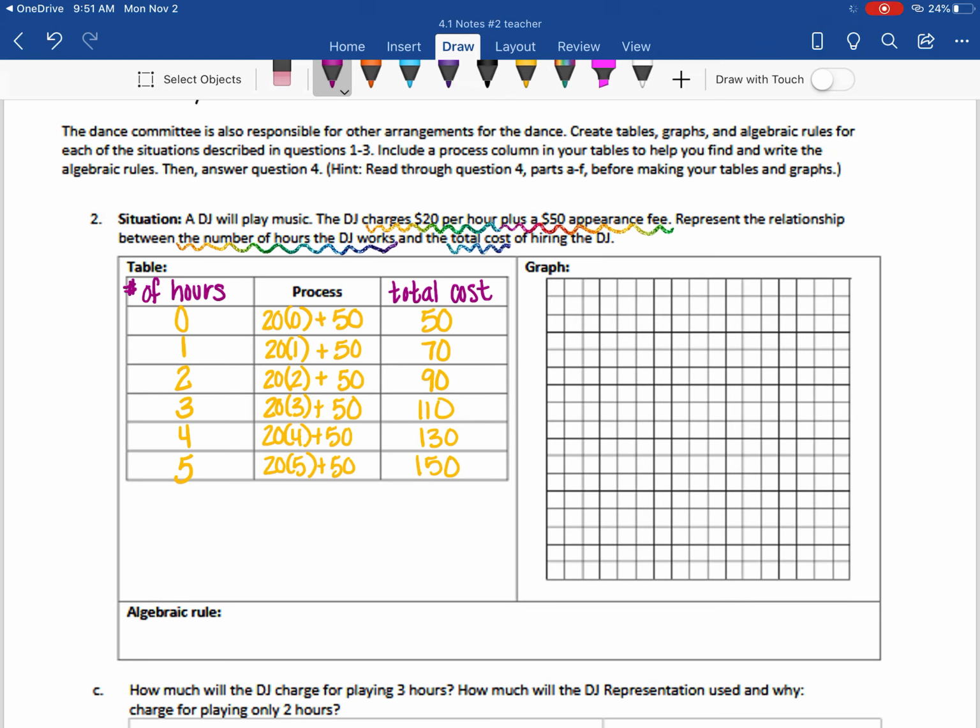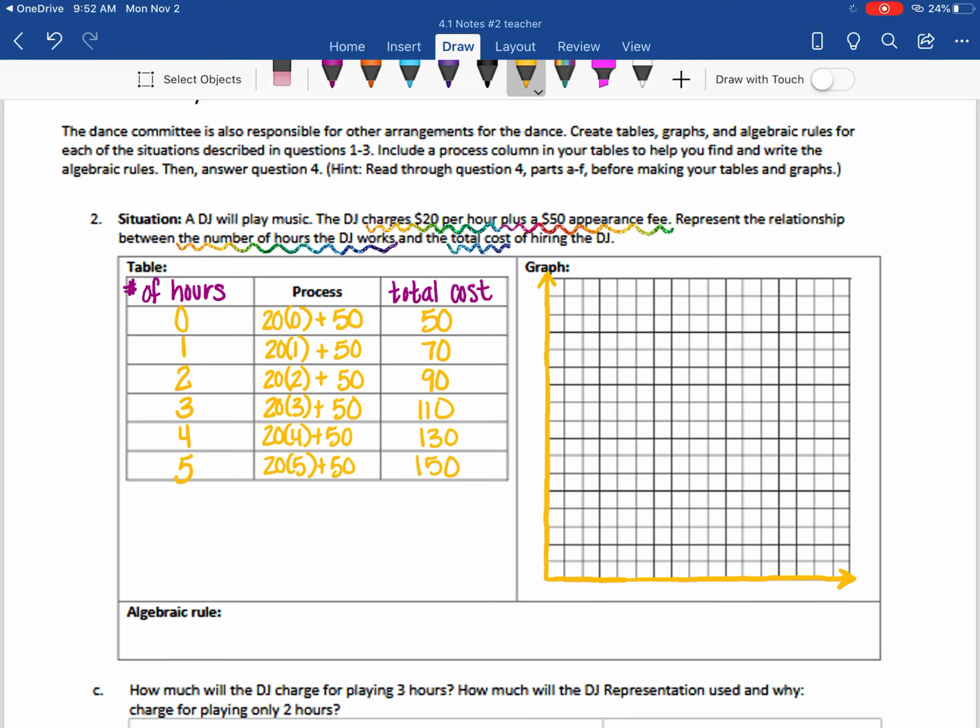Okay, so I'm going to start by drawing my axes like I did in the examples yesterday. Because all of my values are positive numbers, I'm just going to stay in the first quadrant. I'm just going to show this one portion of the graph because we don't need to know anything about the negative numbers.